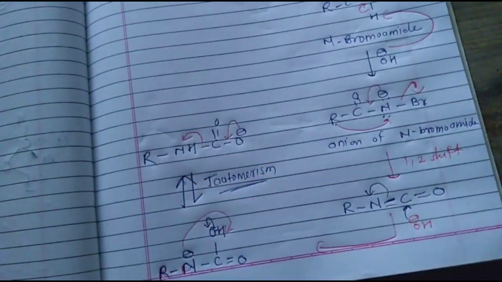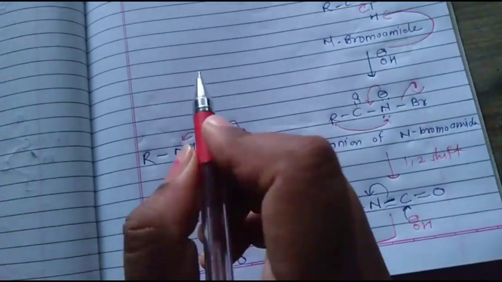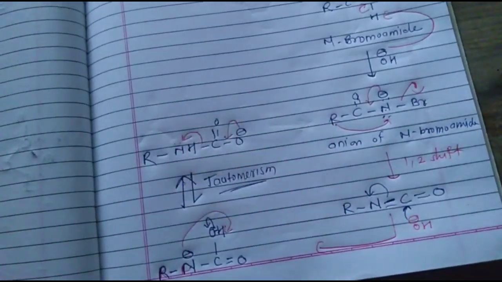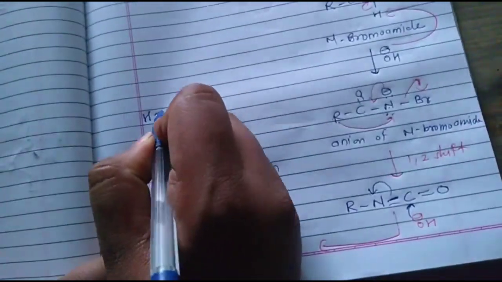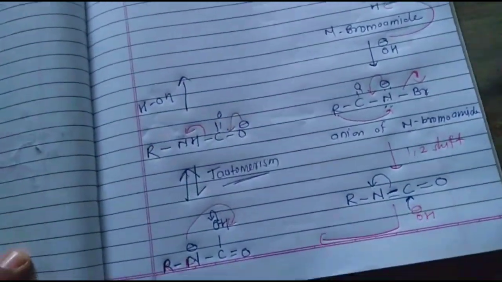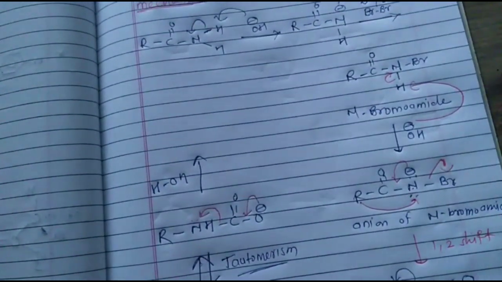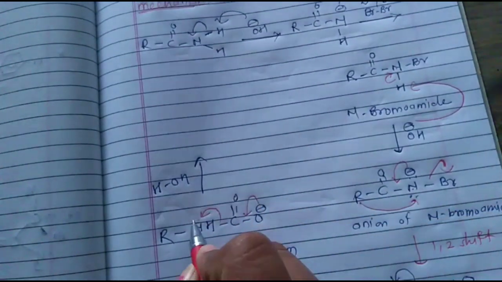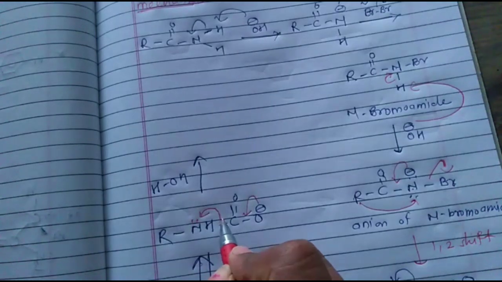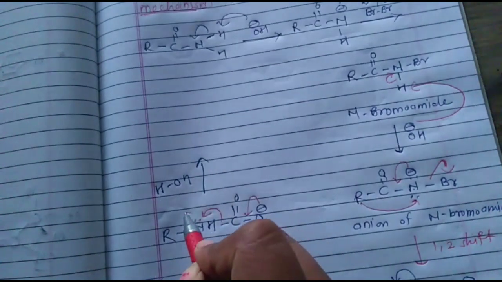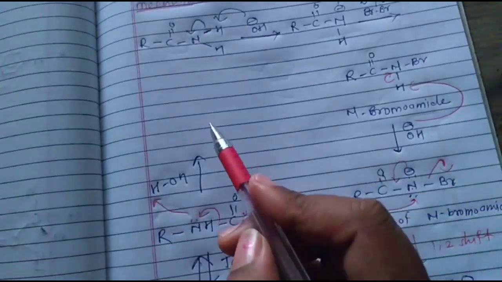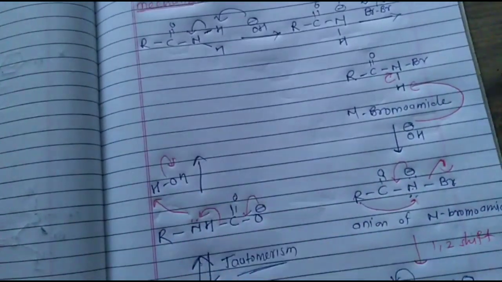The nitrogen, which has a lone pair, attacks the HOH. After the breaking of this bond, the nitrogen abstracts this hydrogen, and this bond is removed.